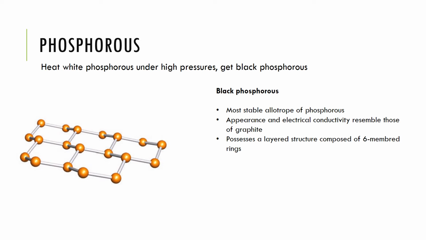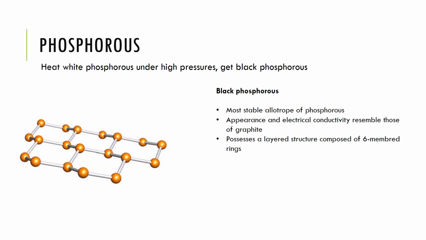And black phosphorus is picking up in terms of research. There's now a lot of research going into black phosphorus and the quest for whether or not it can be applied in the same situations as graphene.